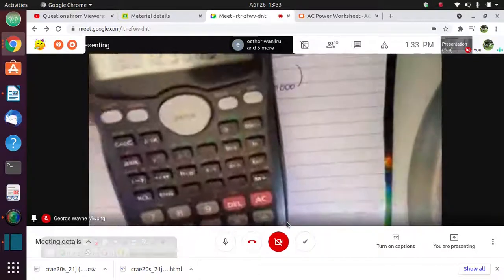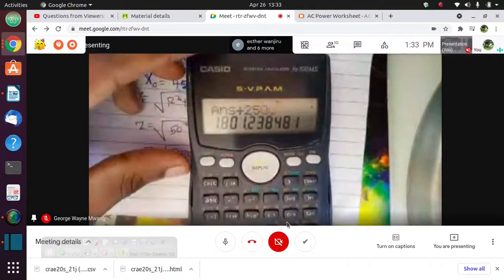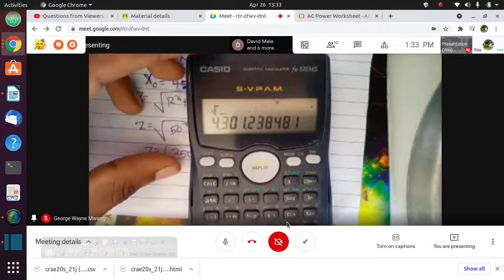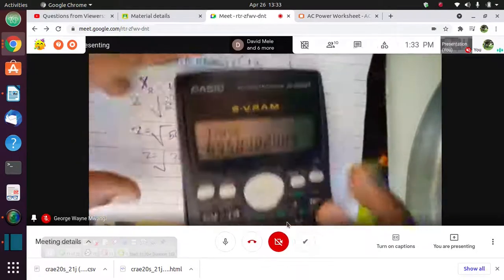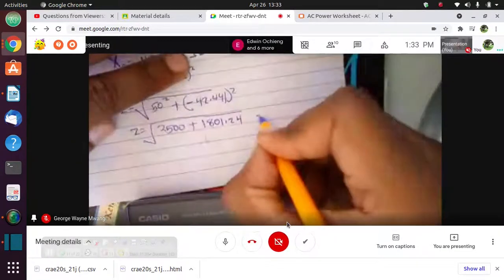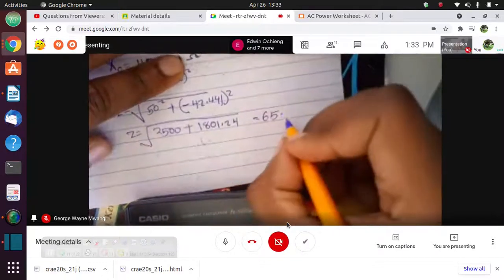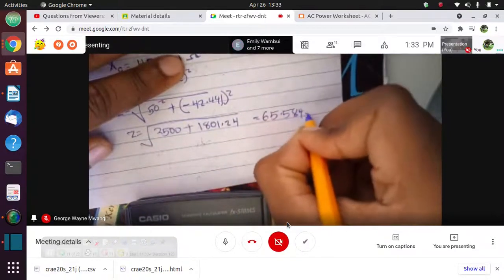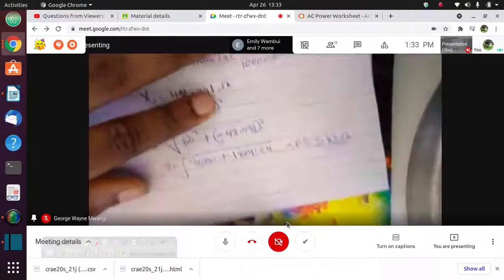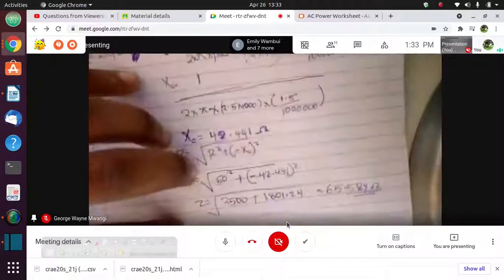So when you add those to 2500 and find the square root, it gives you the value of the impedance, which is 65.584 ohms.